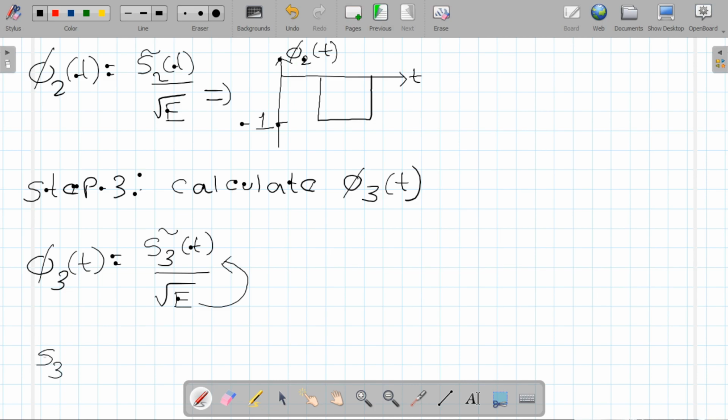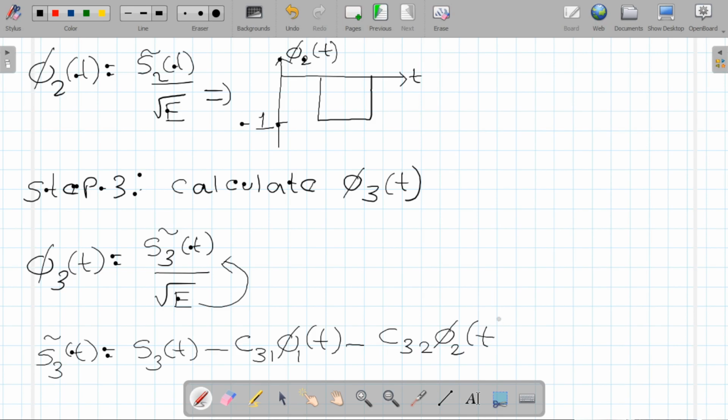Now we define S3 tilde of t equal to our signal S3 of t minus C31 phi 1 of t minus C32 phi 2 of t. Now we will calculate the values of C31 and C32 first, and we will substitute in the S3 tilde, and finally we will get S3 tilde of t.